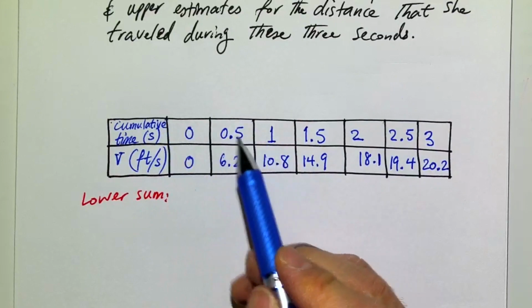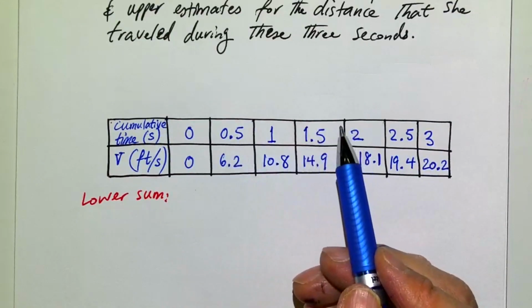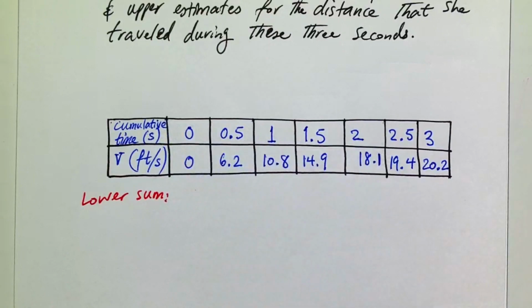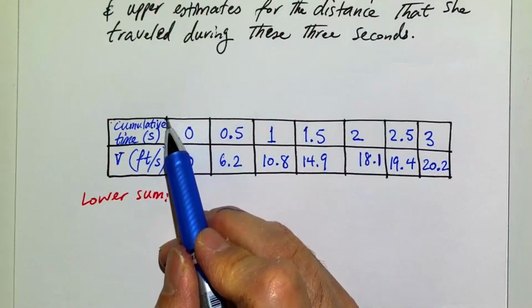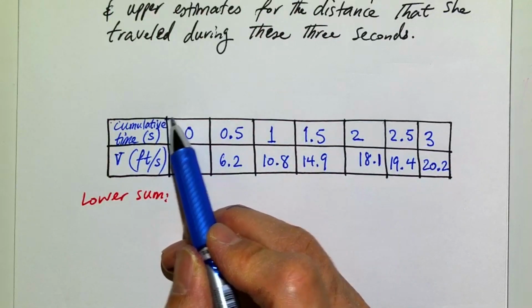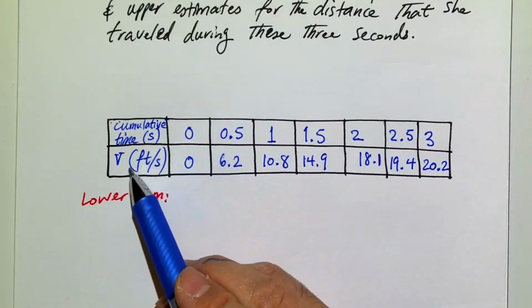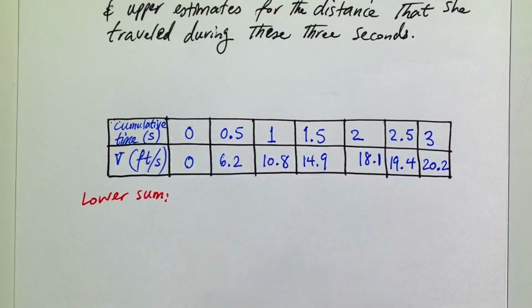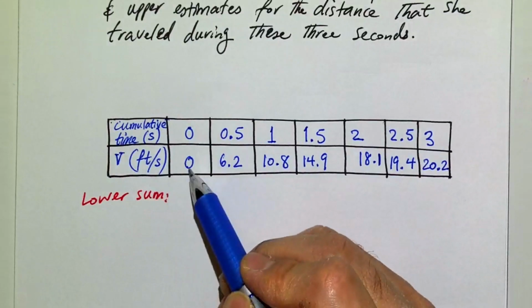These intervals, we've got to be careful because they overlap. So from 0 to 0.5, we assume that we had a stopwatch, and at 0 we record the time and the speed. Of course, at time 0, speed 0. So the runner is at a standstill.